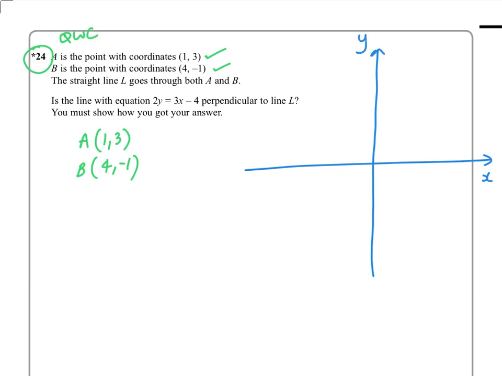You may not have time to do this in the exam, but if you went 1 along and then 1, 2, 3 up, you would have coordinate A, and then if you went 4 along and 1 down, you would have coordinate B. So you can see that the gradient's going downhill to start with, so that's important.